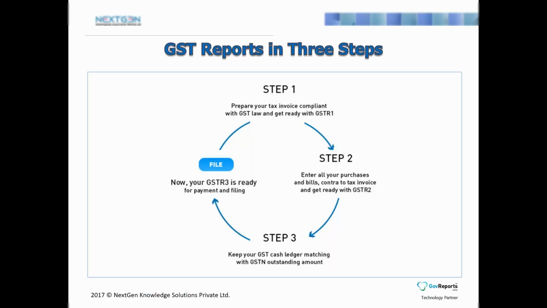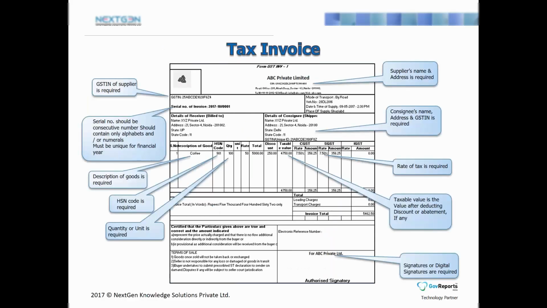Step number 2 is you enter all your purchase bills against tax invoices and get ready with your GSTR 2. Then step number 3 is you keep your GST cash ledger and GST credit ledger matching with the GST outstanding amount. Once this is done, you need to make the payment and your GSTR 3 or monthly return is ready for filing. So simple 3 steps, if you follow them, your return can be filed very easily.